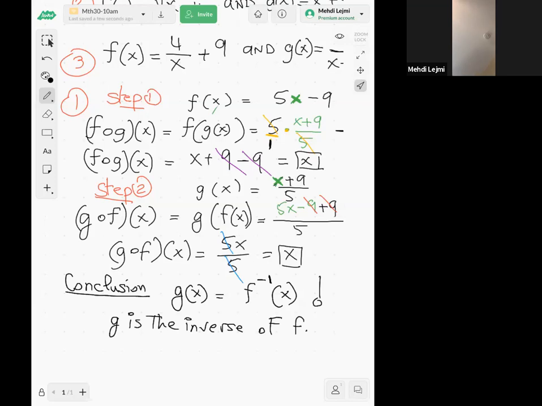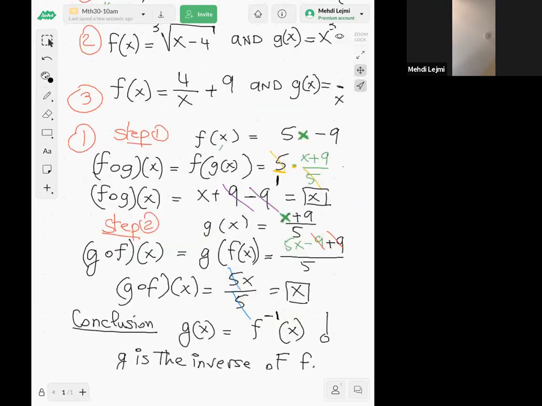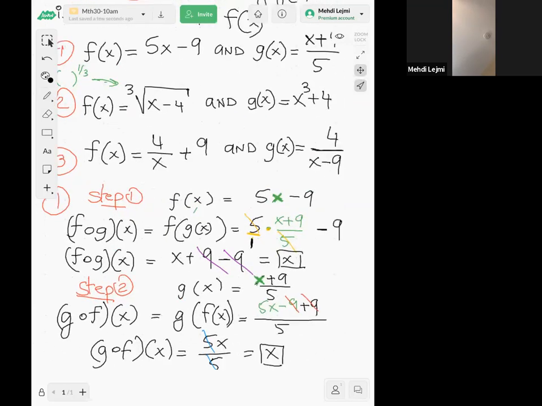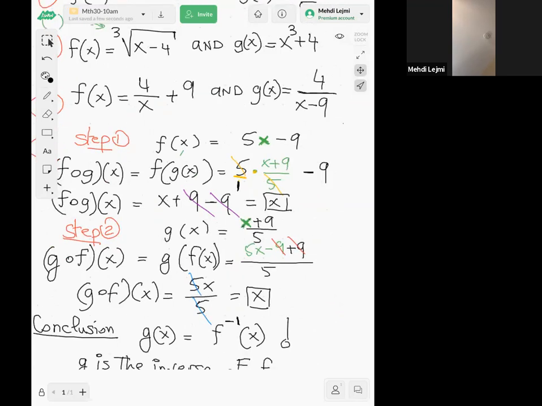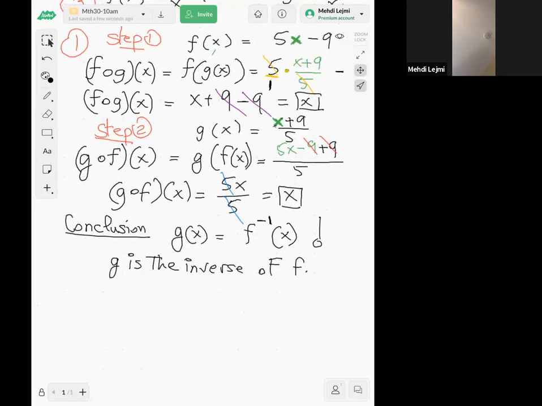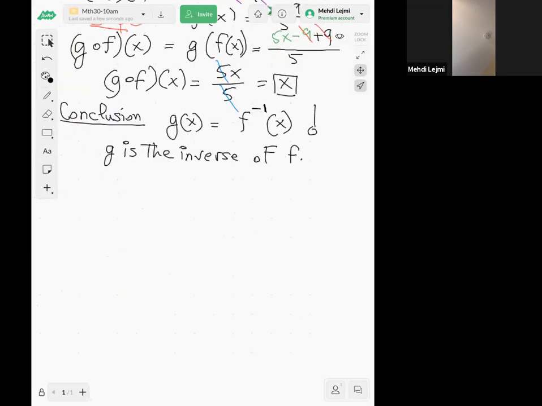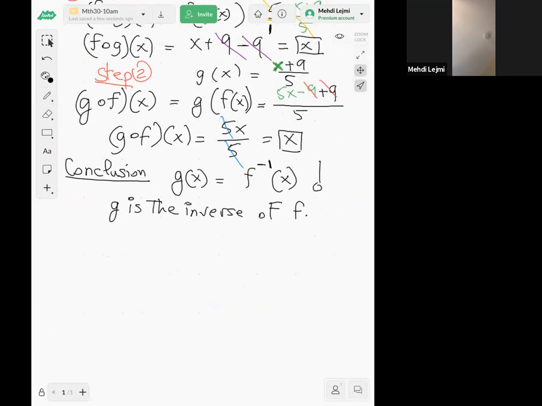All right, so number 2, we have this third root, and we have a cube. So let's see how it works. So for number 2, again, step 1. I'm going to compute f composed with g of x.